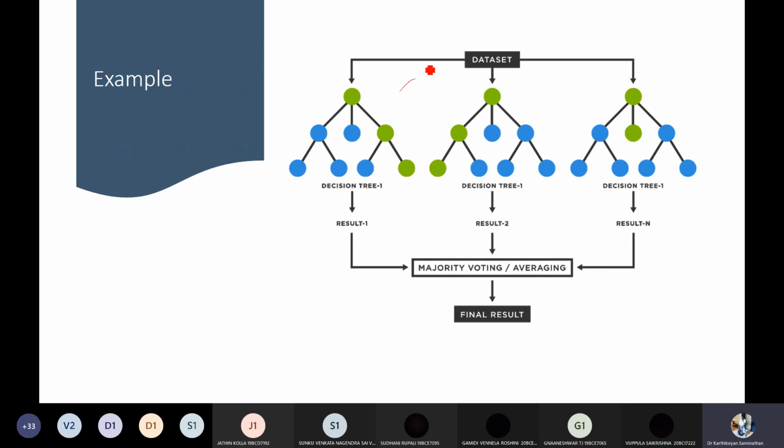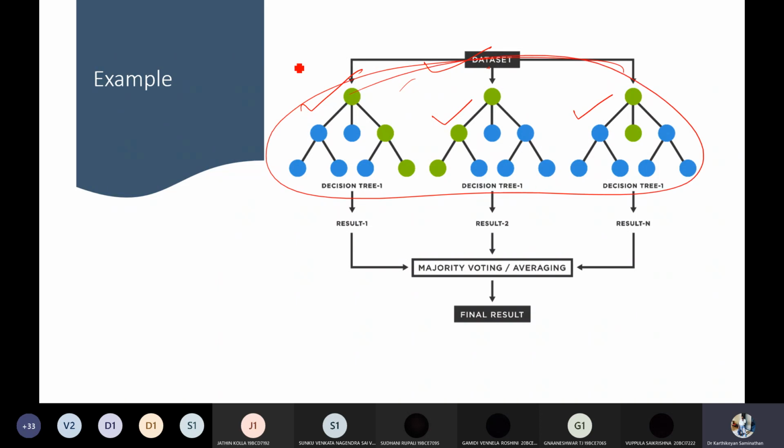Now see here, this is your data set. From this data set, I am taking a few samples and generating the first tree, then the second tree, then the third tree. So random forests are created: decision tree 1, decision tree 2, decision tree 3. For each decision tree we have a decision outcome, for example whether the student will pass or not.